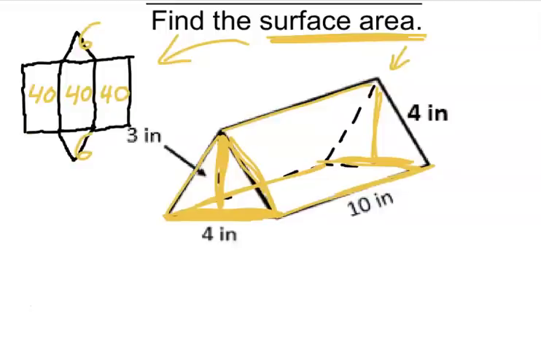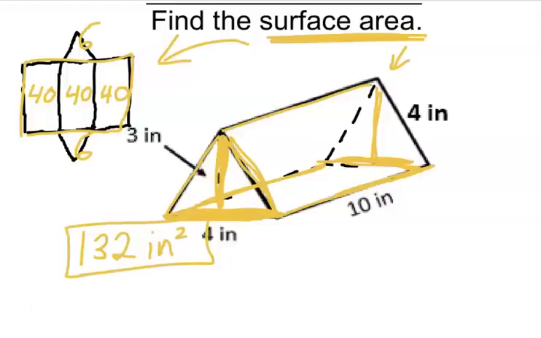So that's the area of all of this so far. Then we just have to add 12 onto that. Well, 120 plus 12 is 132. So that's our total surface area, 132 inches squared. 132 inches squared is the surface area for this triangular prism.